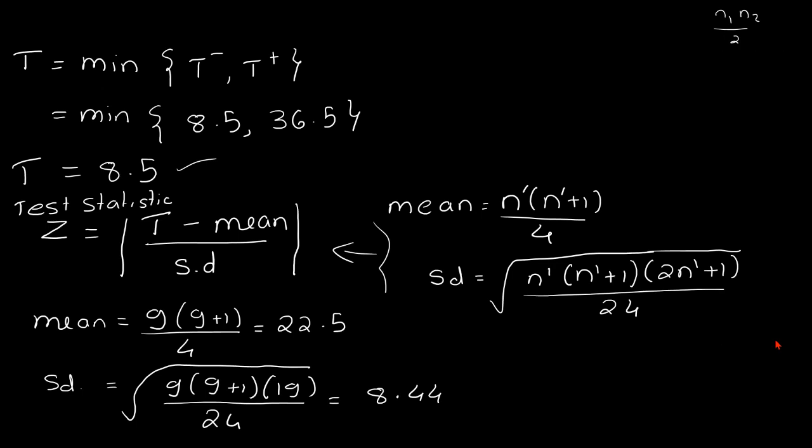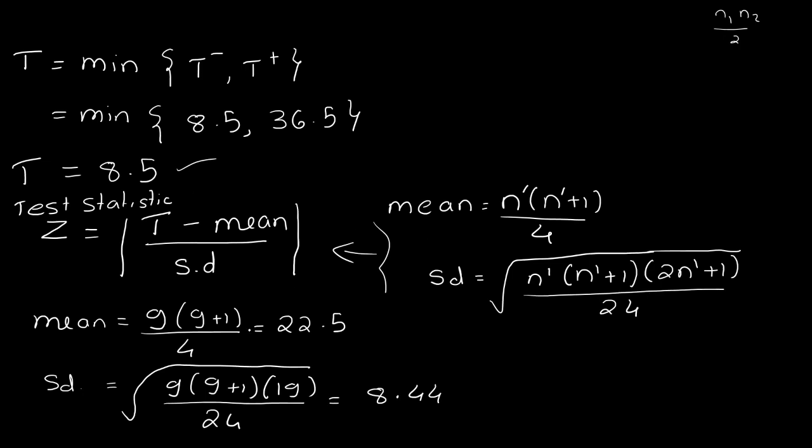Next step is calculating the test statistic. Test statistic will be given by z is equal to t minus mean divided by the standard deviation. In this case, mean is defined by n dash into n dash plus 1 upon 4 and standard deviation is defined by root of n dash into n dash plus 1 into 2 n dash plus 1 divided by 24.